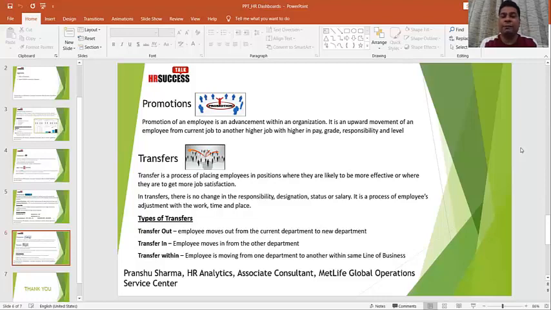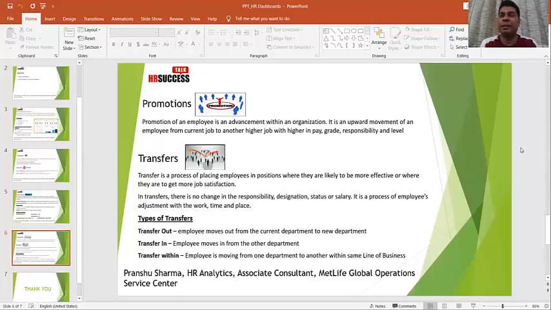Now there are different types of transfers: transfer out, transfer in, and transfer within. Transfer out, in simple words, is where an employee moves out from the current department to a new department. Transfer in is where an employee moves in from another department. Transfer within is where an employee moves from one department to another within the same line of business.